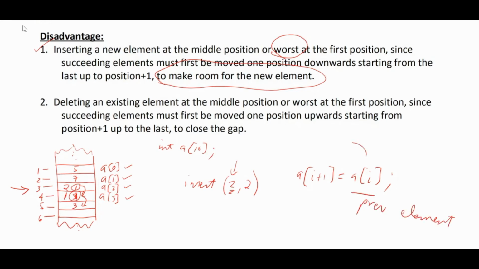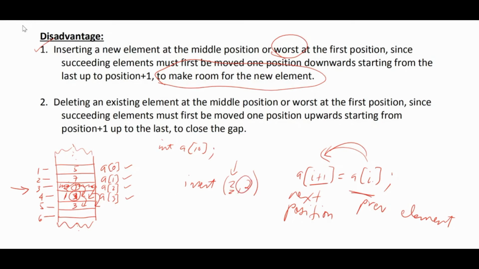It is assigned to the next position or the next location, the I plus 1 index. So the one at the ith index will be assigned to the I plus 1. And you have to move the last first to the next vacant and then the second to the last to the next position so that this will be a free space for the new element to be inserted.